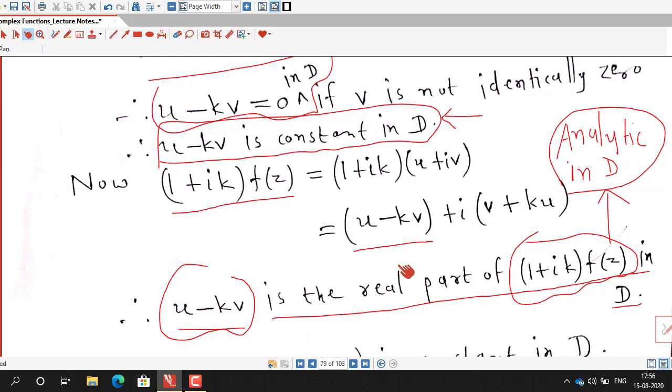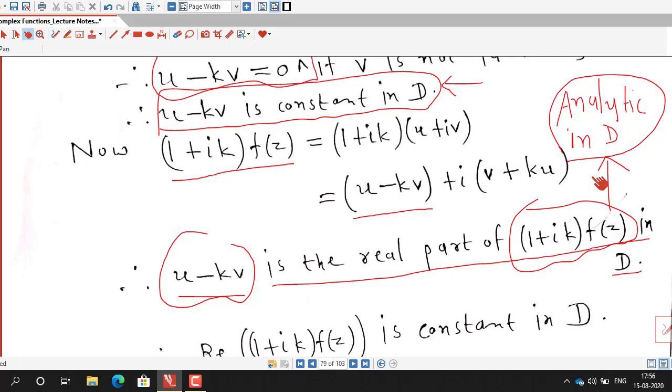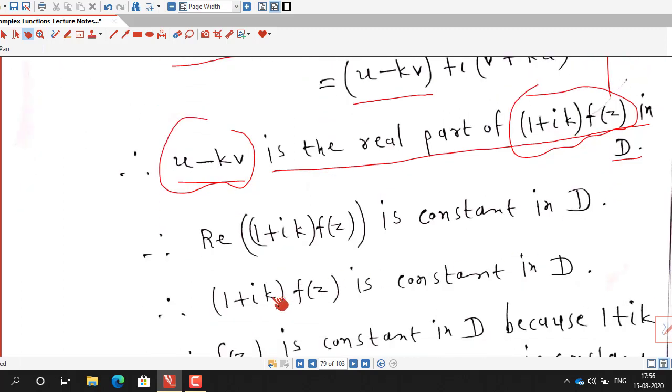So what we have shown is that the real part of 1 plus ik into f of z is constant in a domain D, and 1 plus ik into f of z is analytic in a domain D. Therefore, using that second condition, we can write that 1 plus ik into f of z is constant in a domain D. Now 1 plus ik is already constant.